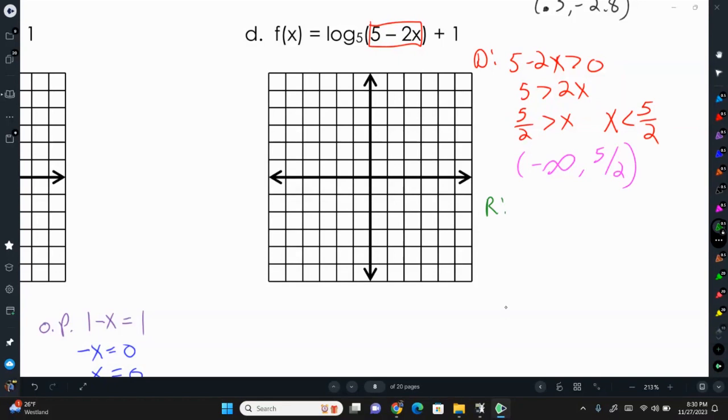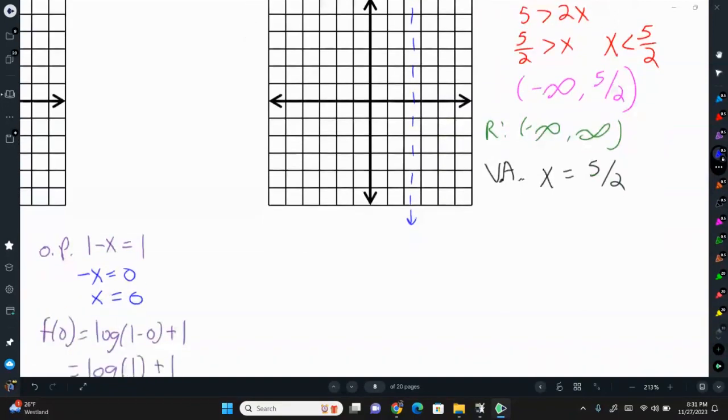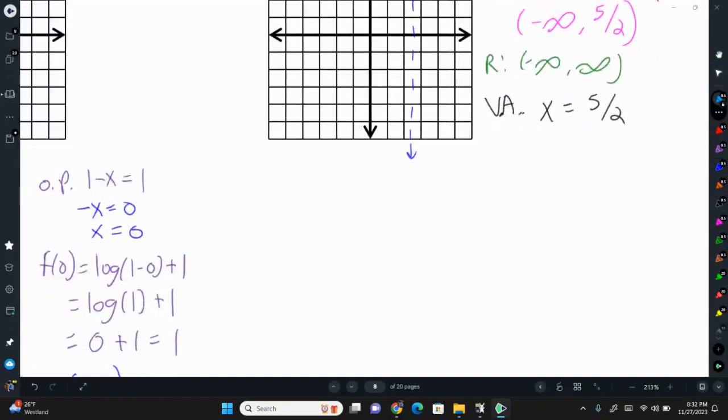So that means our domain in interval notation is negative infinity, comma 5 over 2. Our range, negative infinity, comma infinity, and our vertical asymptote is x equals 5 over 2. So 5 over 2 is 2.5. Right, so now for our x-intercept, again, we're going to set this equal to 0.